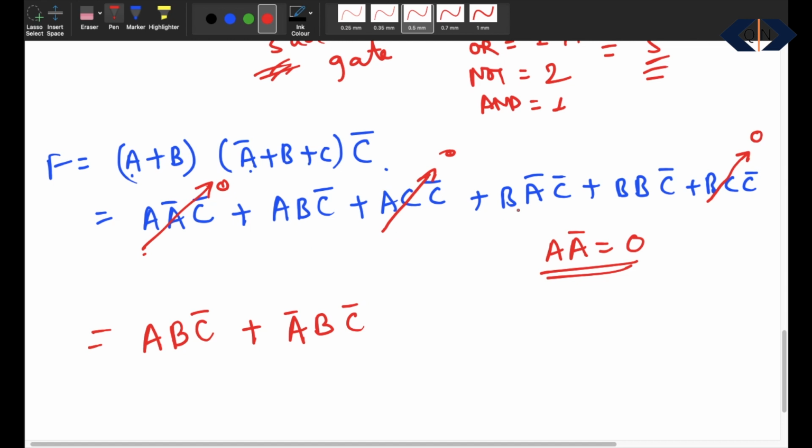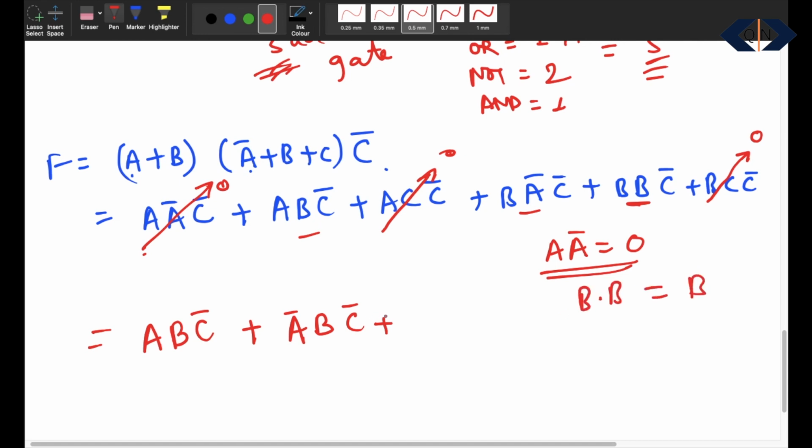This is done. Now this is A bar, B, C bar, right? Wait, did I miss something? Yeah, I am repeating the same thing. Sorry. So this is done. Now B dot B is what?